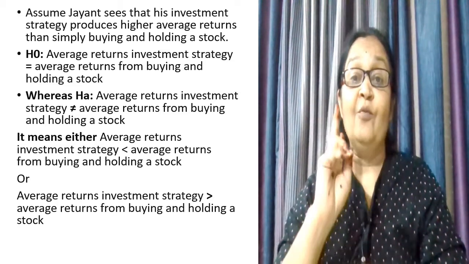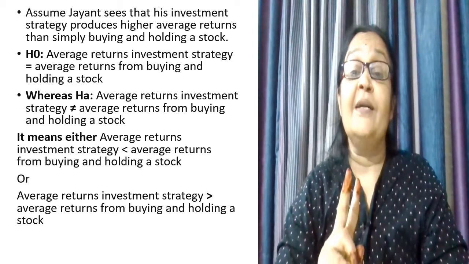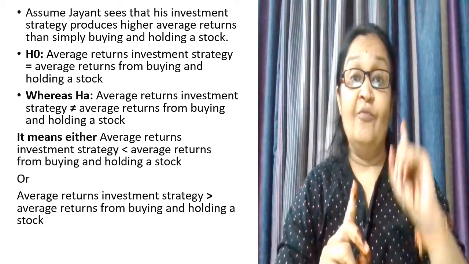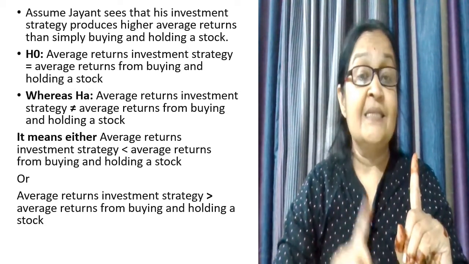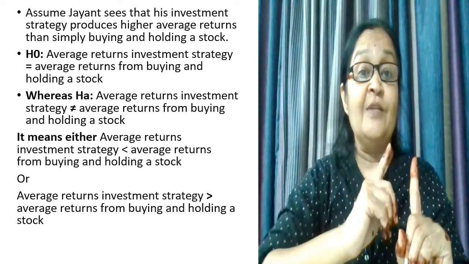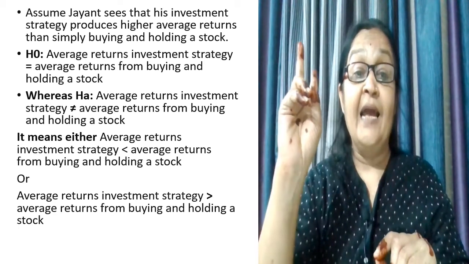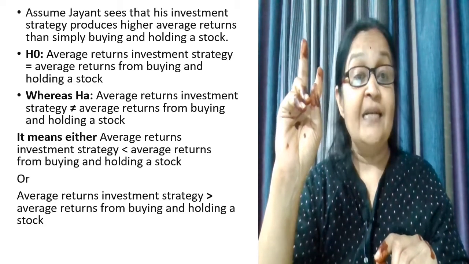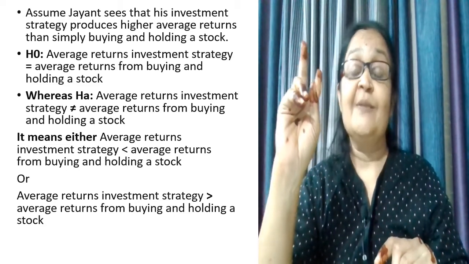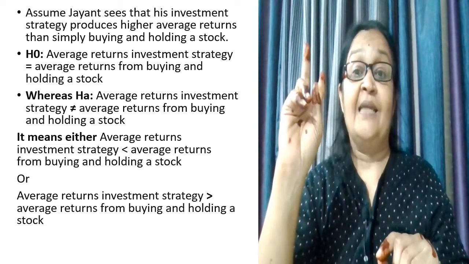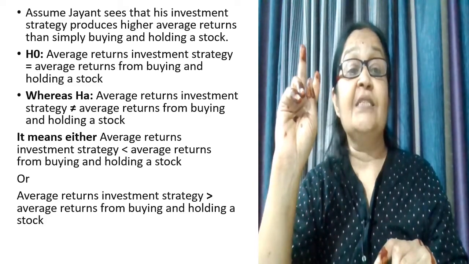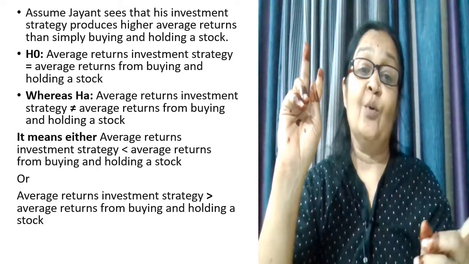Here we have two different hypotheses. On one side, it is the null hypothesis stating that there is no difference between the two average returns. On the other side, there is an alternate hypothesis stating that the investment strategy proposed by Jayanta has higher average returns than the traditional buy and hold strategy.